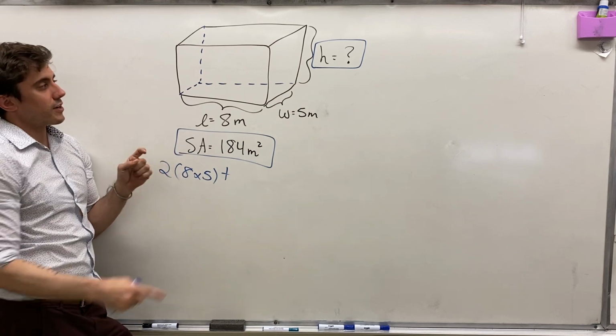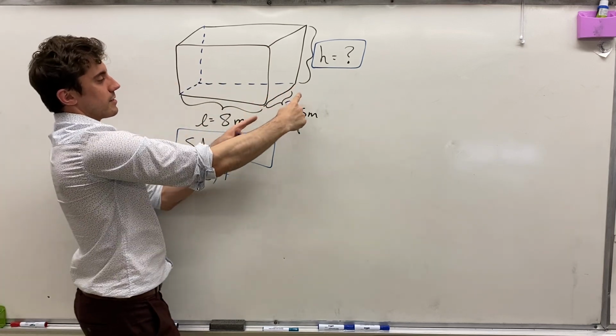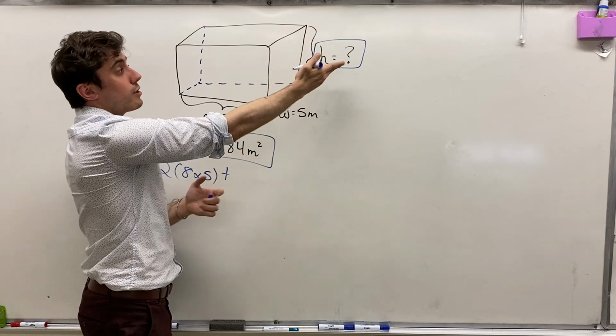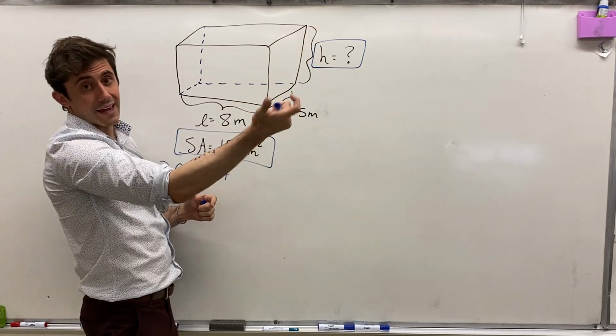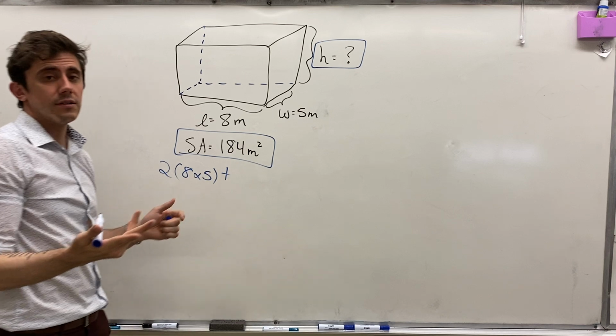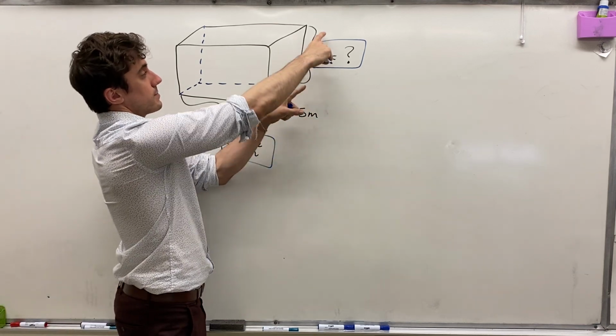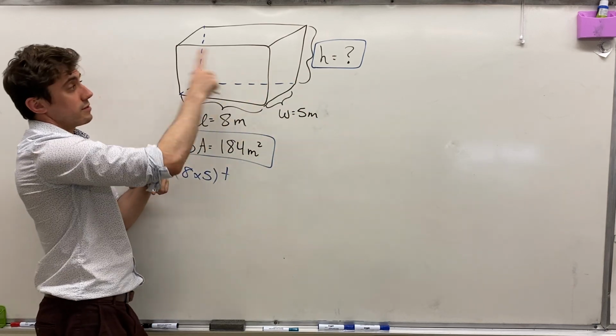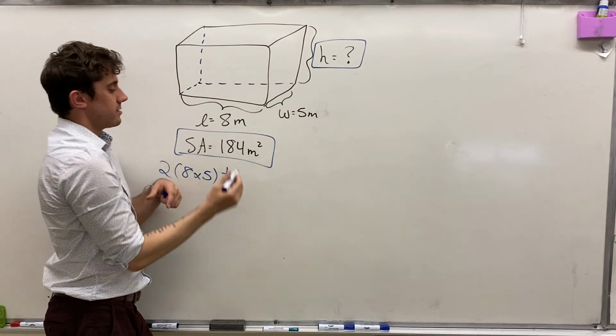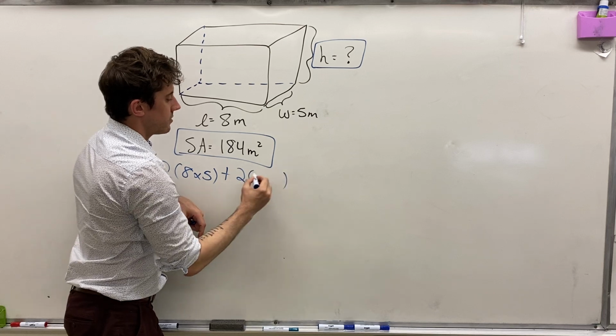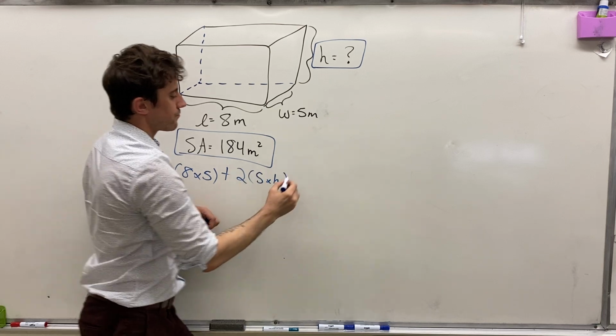For each side face, we have dimensions of 5 and h. We don't know h, so we'll just leave that as a variable, h, since that's what we're looking for in this problem. So the area will be 5 times h, and we have 2 identical rectangles like that, so we can write 2 bracket 5 times h.